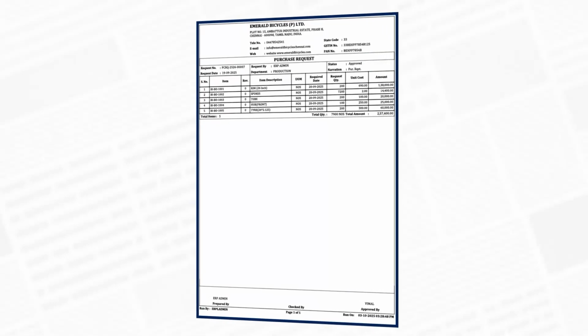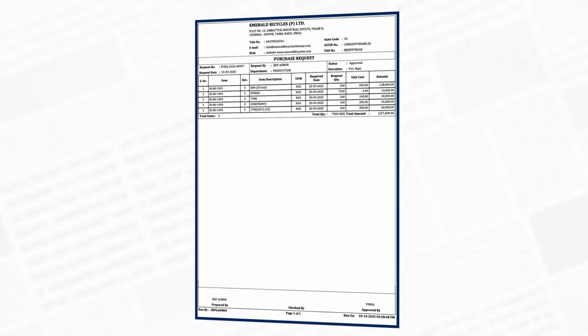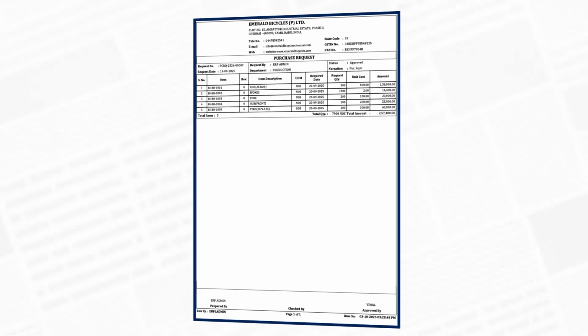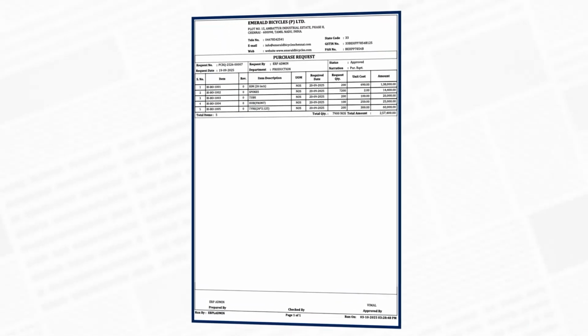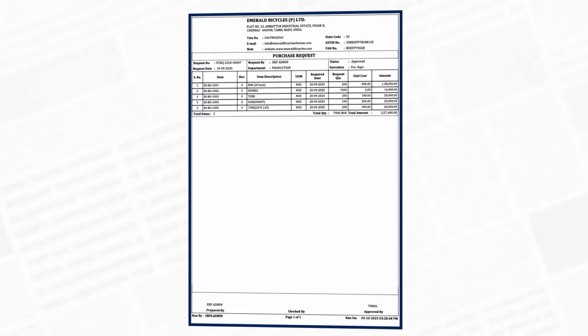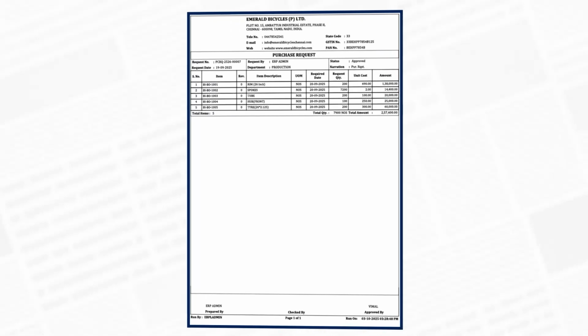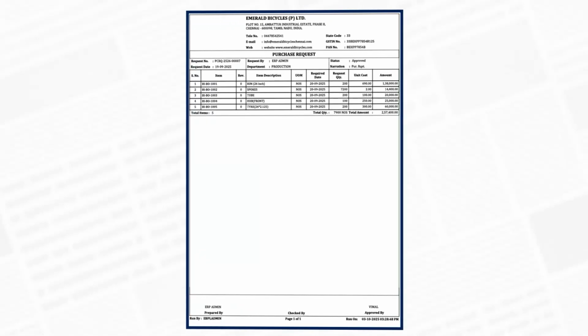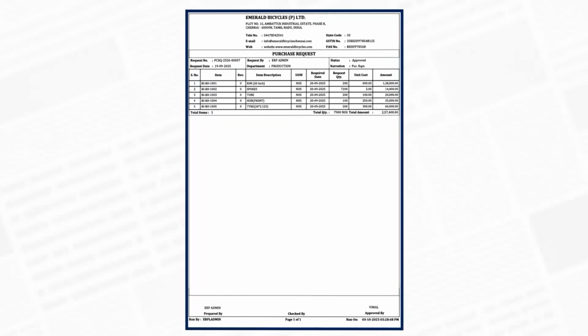Then comes status, narration, and the items for which you have raised a request, the total quantity and the total amount. Then you have your prepared by person, checked by person, and approved by person. Those are all the things which hold your purchase request details and report.